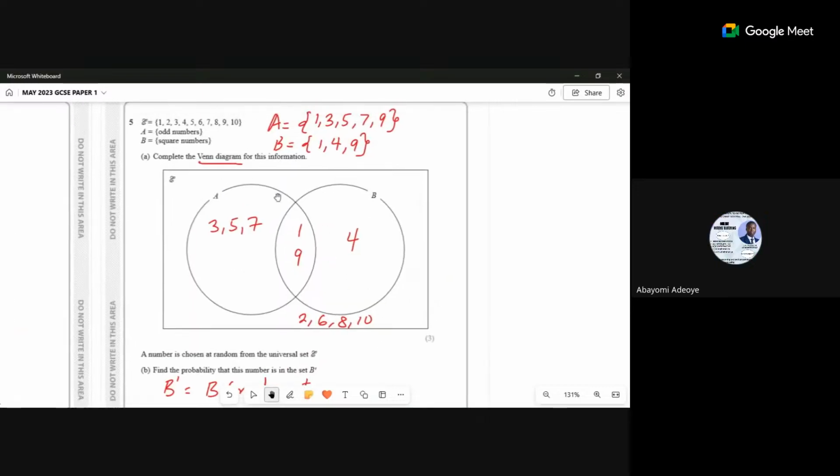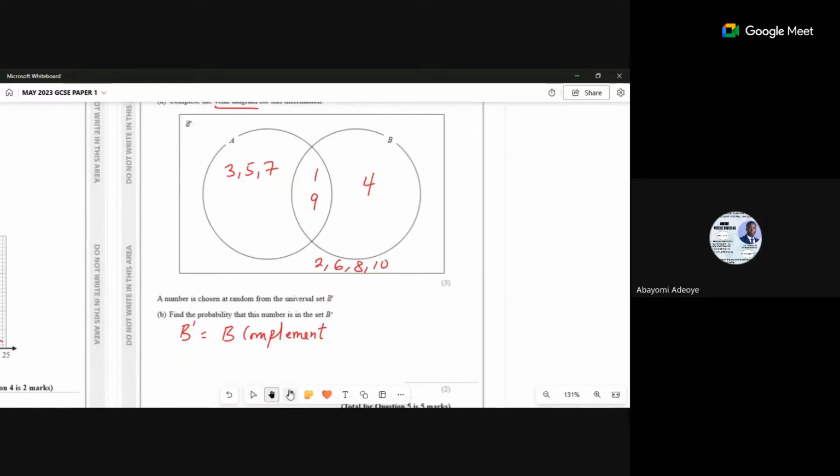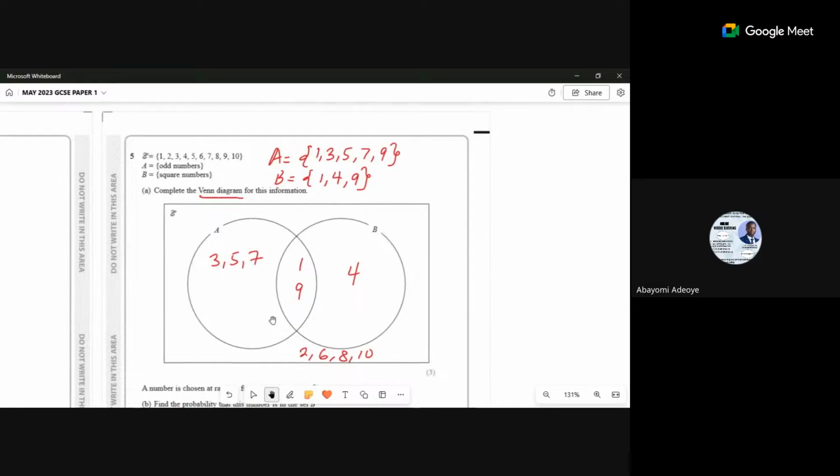Okay, what is set B? 1, 4, 9. So B complement is the elements that are not in B, but are in the universal set.